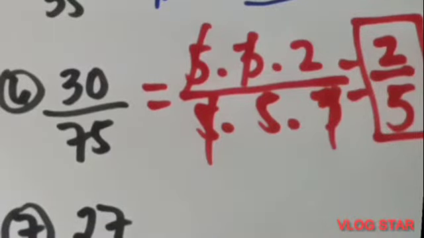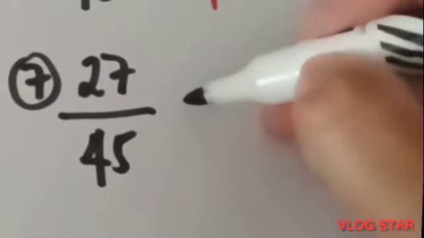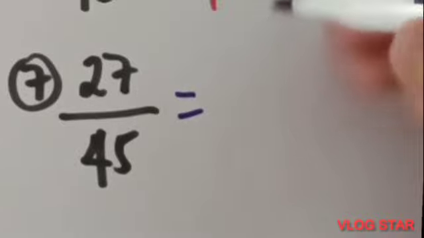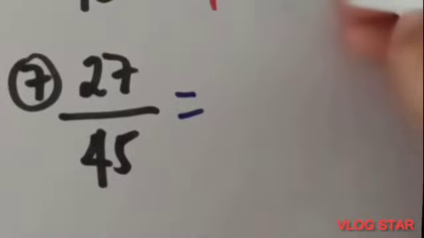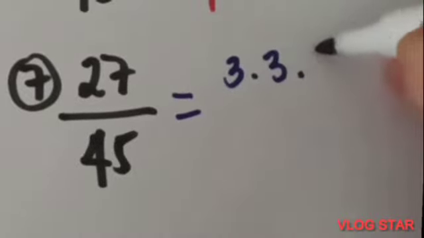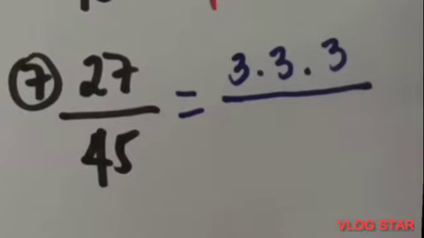Sumunod, last example sa simplifying. Number 7, 27/45. So, ang factor ng 27 is 9 and 3. So, ang 9 ay pwede pang i-factorize. So, 3 and 3 and 3. So, ang 45 naman is 15 and 3.